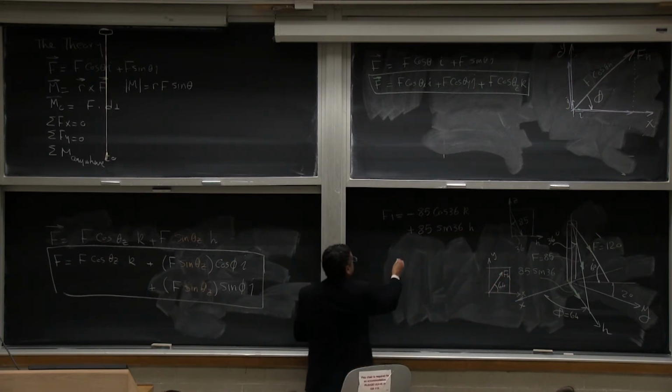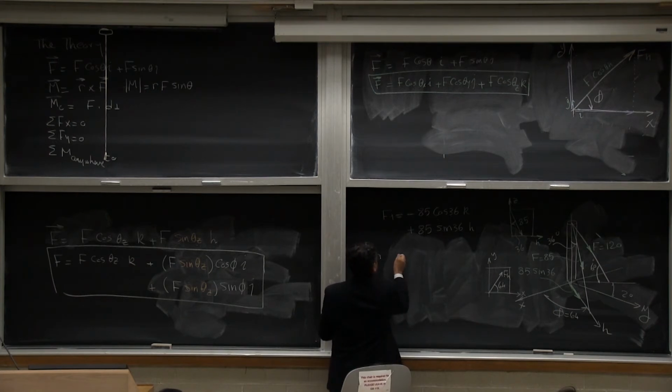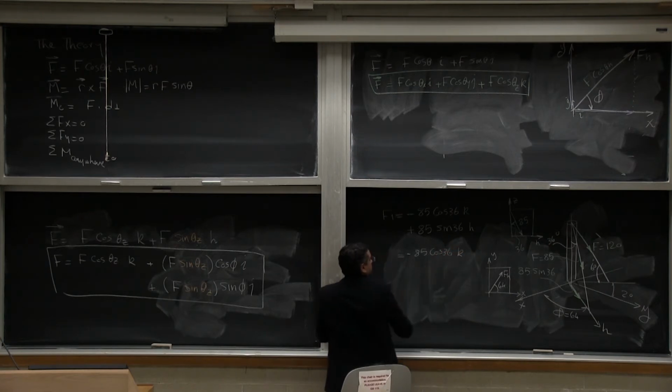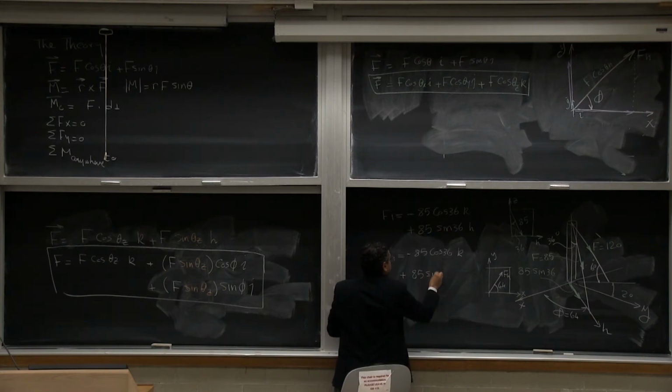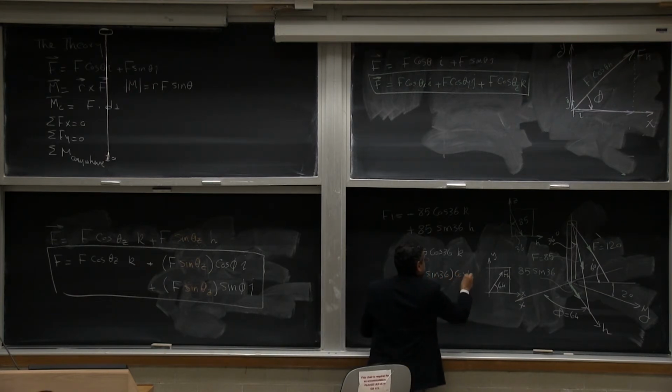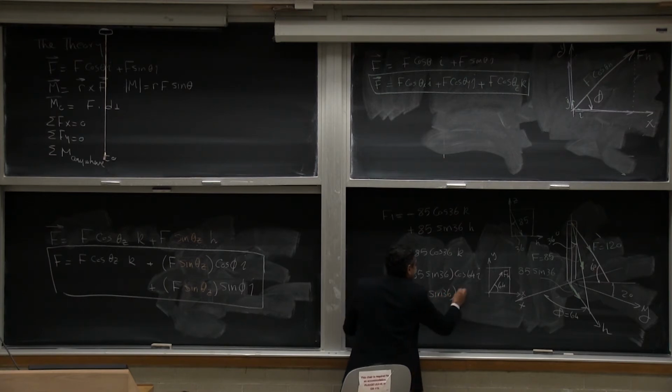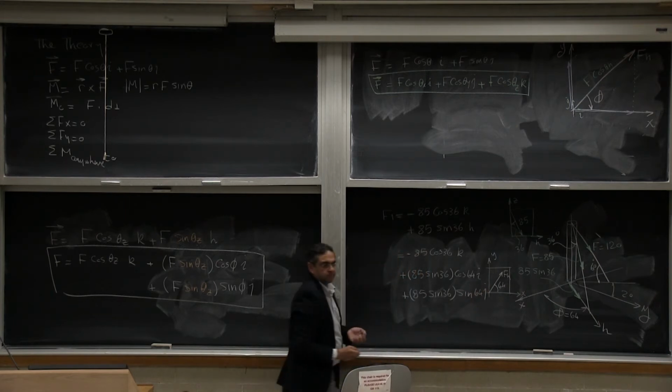Then I can write that F1 equals minus 85 cos 36 k plus 85 sine 36 cos 64 i plus 85 sine 36 sine 64 j.